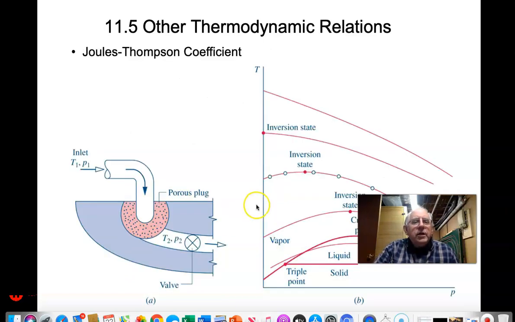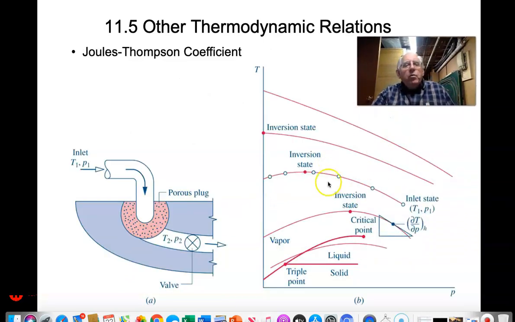So let's take a look at that Joule-Thomson coefficient, and let's think about where have we seen isenthalpic processes. So the question is, where have we seen constant enthalpy types of processes?